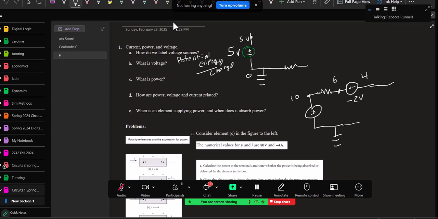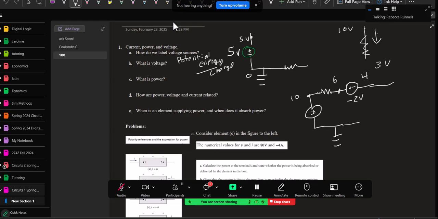So if I have something that is at 10 volts right here, and it's at 3 volts here, the direction of positive current is going to be in that direction. Now, that is not what happens in a voltage source.